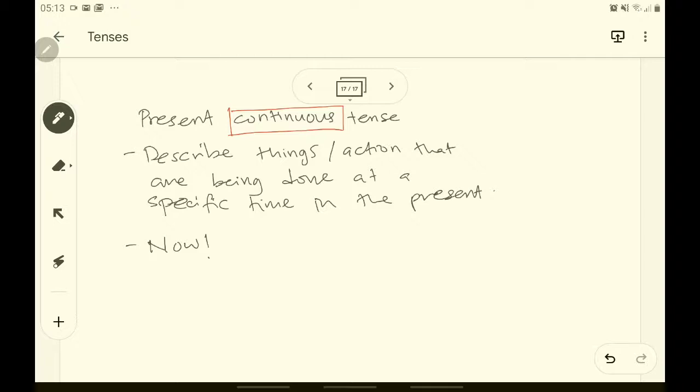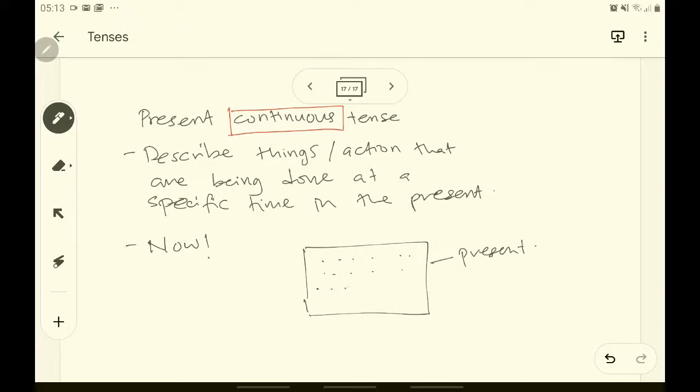Okay, so when you are going to describe what you are doing right now, you are going to use present continuous tense, because right now is the specific time in the present. If we look at the dots again, let me just draw it here for you. If you have the square here that represents present, then you have the dots here.